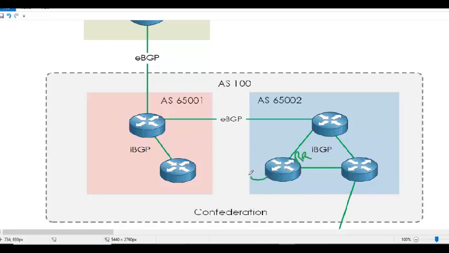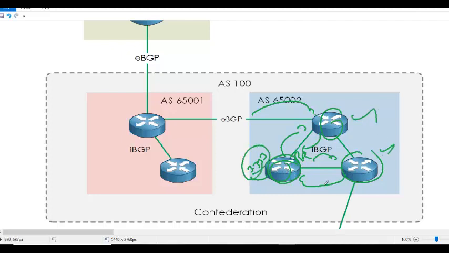So whatever route comes from here, it reflects here, and whatever route comes here will reflect here. So for these two, this is the reference. This is the cluster ID. These two belong to the cluster group 3.3.3.3. That is what forms a group, so they are called clusters, and the ID for the cluster is 3.3.3.3.